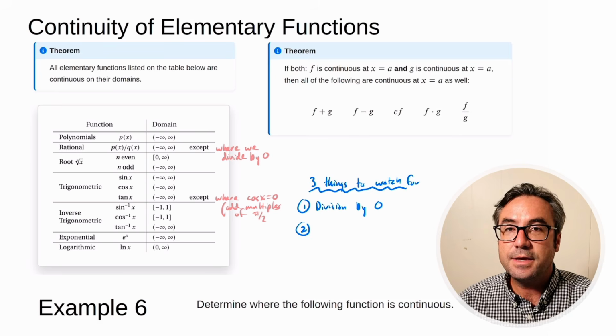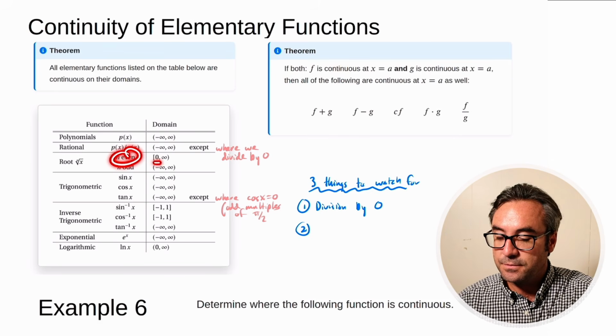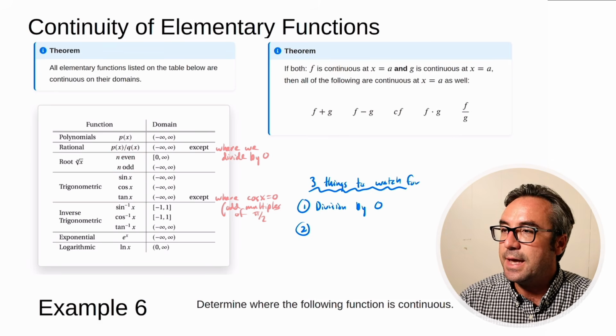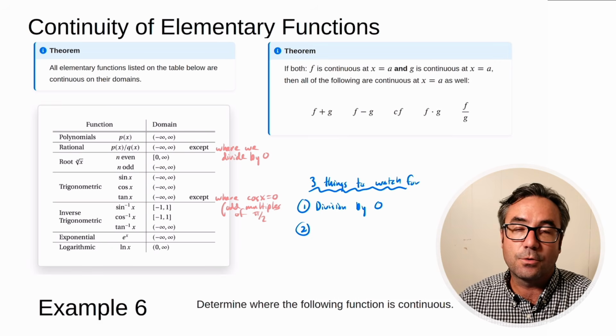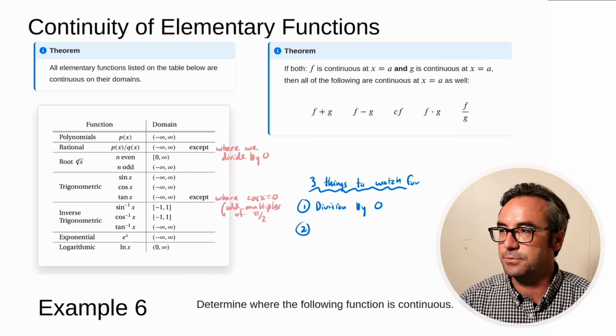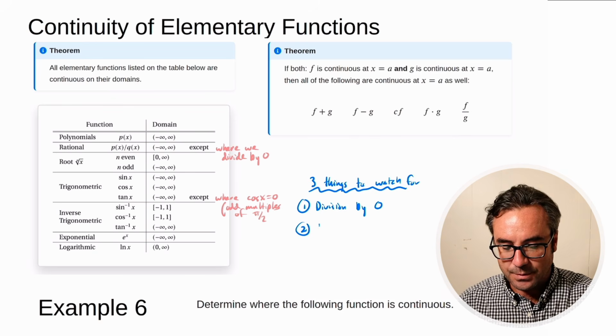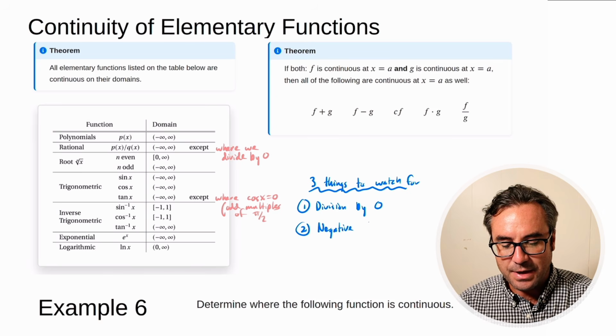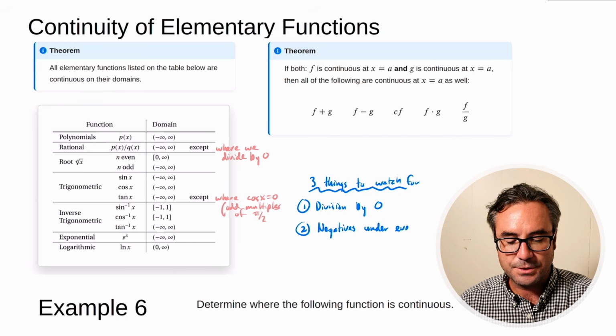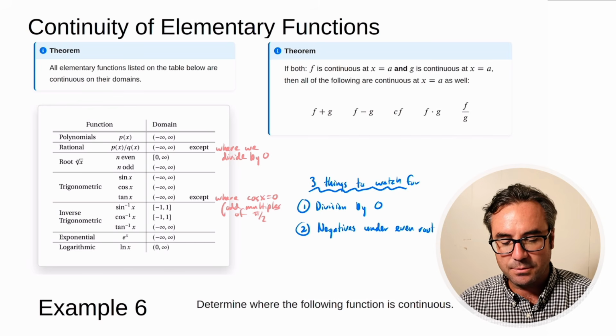Another one is even roots. We can't have negative numbers inside an even root. So you want to look for any possibility in your function of negatives under an even root. That can also cause problems.